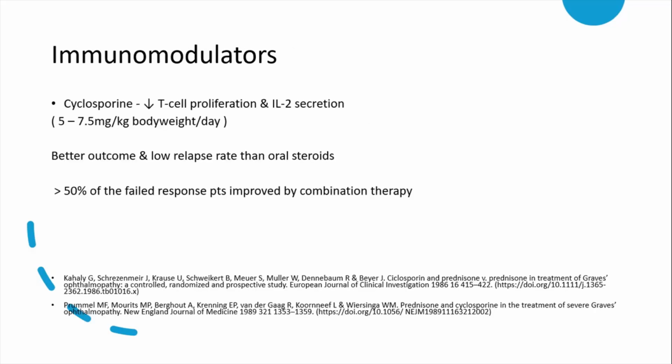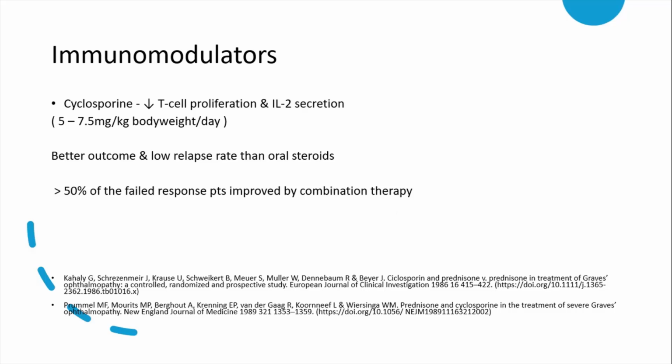Among the immunomodulators, some do use cyclosporine, which also causes reduced T cell proliferation and interleukin 2 secretion. It usually has a better outcome when combined with oral steroids. In the study, they went for either cyclosporine alone or oral steroids alone, and it was shown that more than 50% failed to respond.